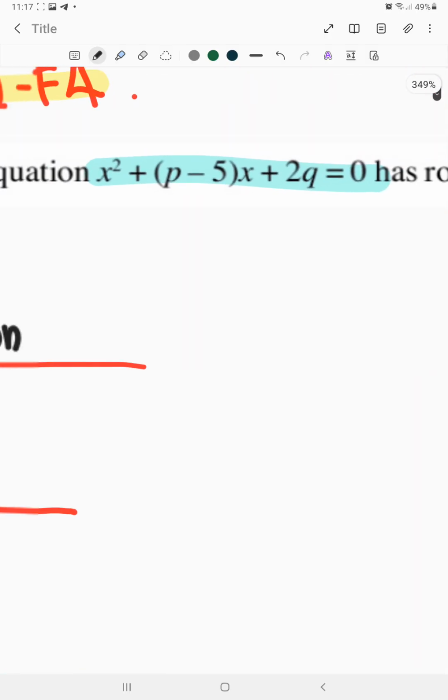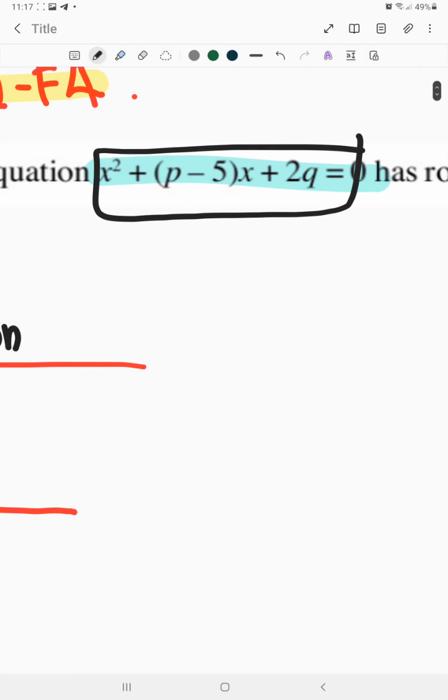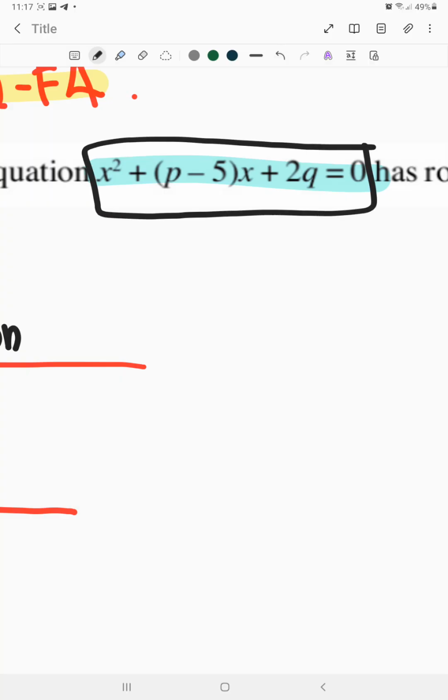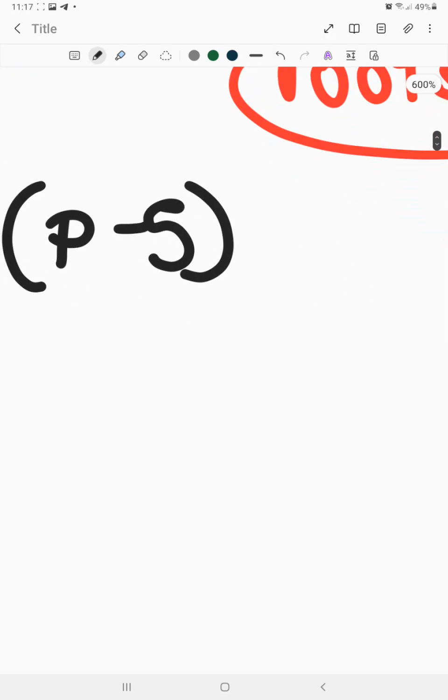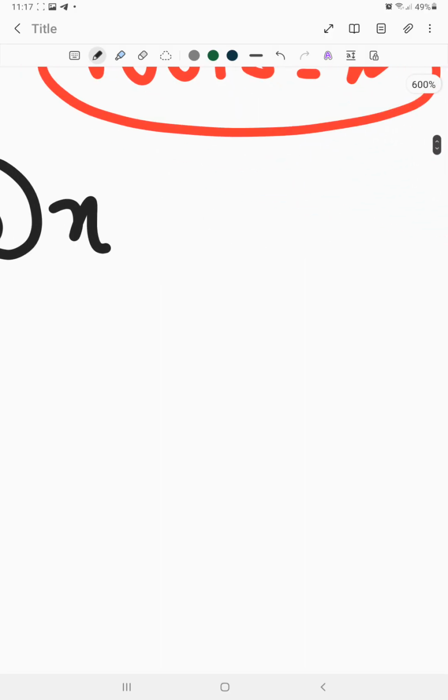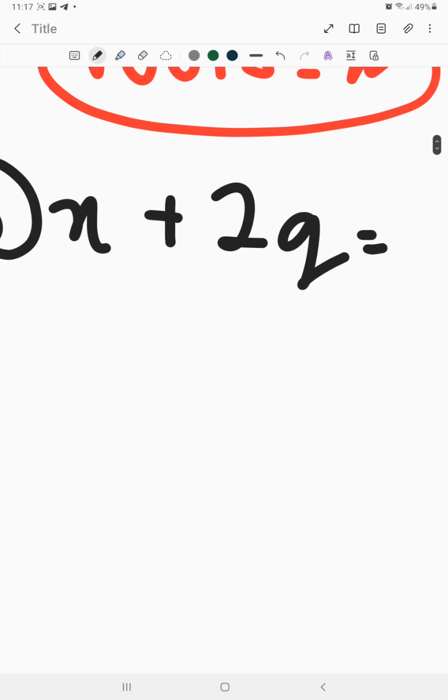Then let's go for the equation. This is the equation. I'm going to copy this equation down: x squared plus (p minus 5) x plus 2q equals 0.